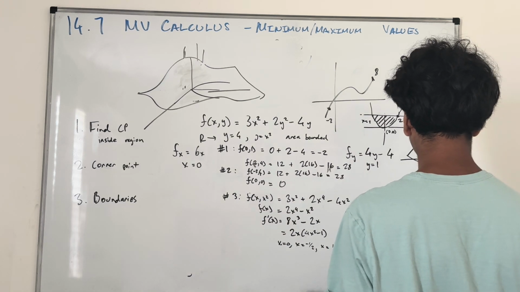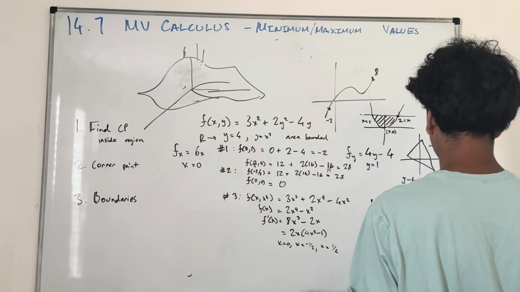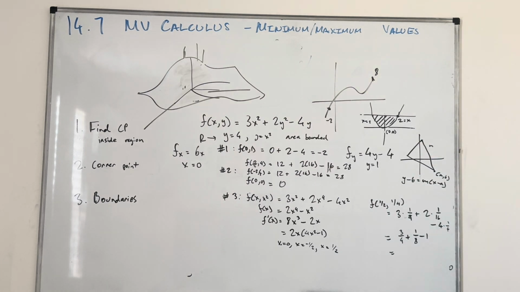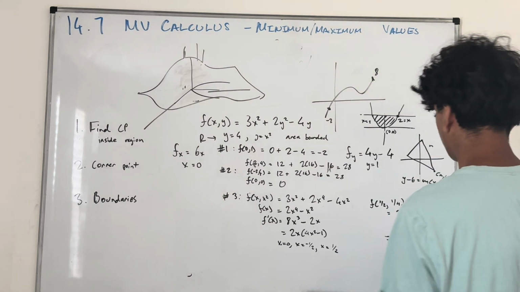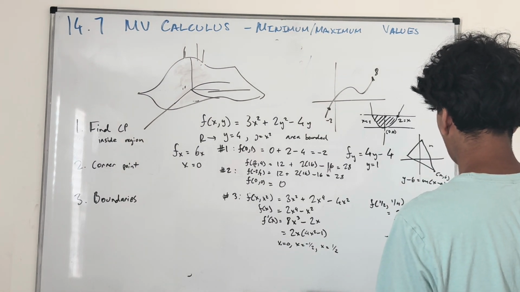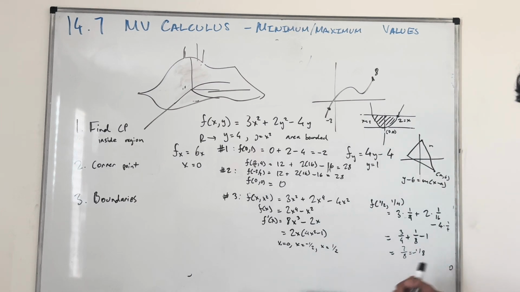So I get 3/4 plus 1/8 minus 1. 3/4 is really the same thing as 6/8, so this is 7/8 minus 1, which is negative 1/8. And that's the same for negative 1/2.